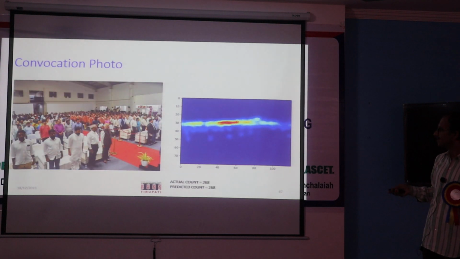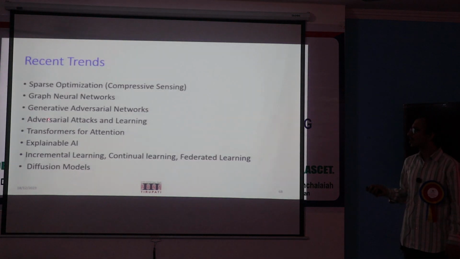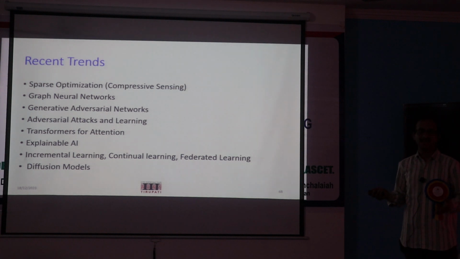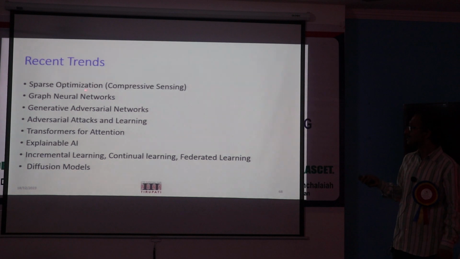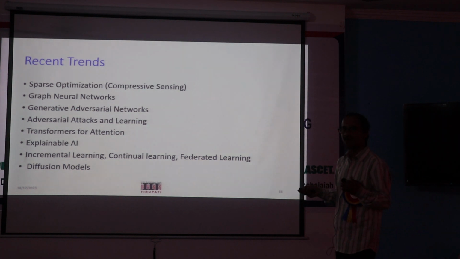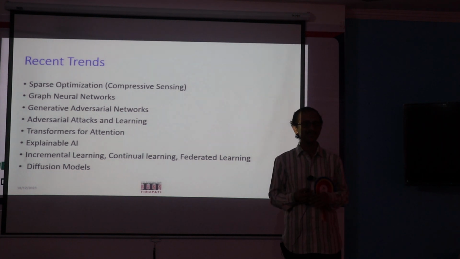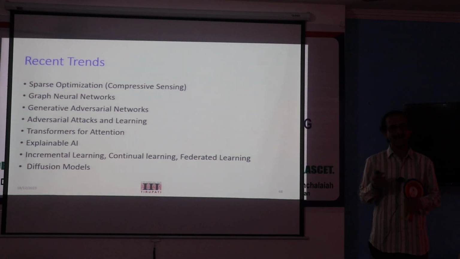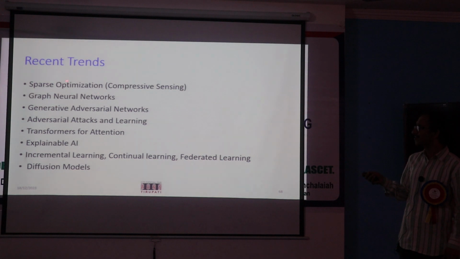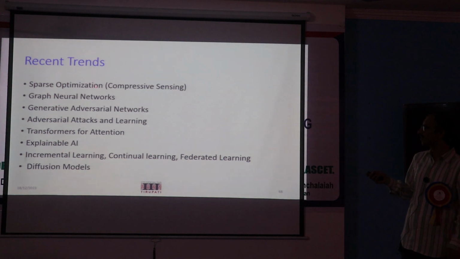Okay, with this, now these are a few other areas where people focus, or recent trends, like sparse optimization. This is a conventional method. Of course, people have worked on it, and now there is not much focus because of deep learning. But still, this is an area where mathematically sound people would like to work.